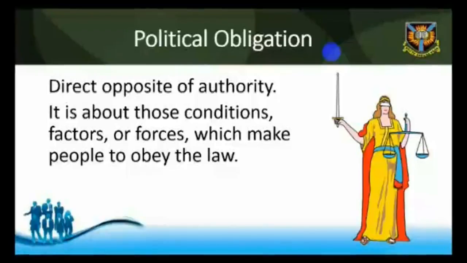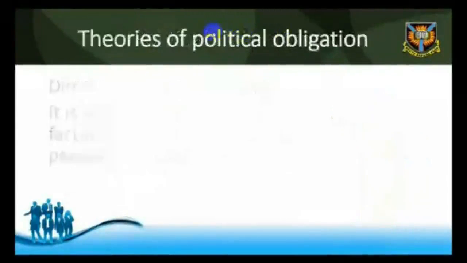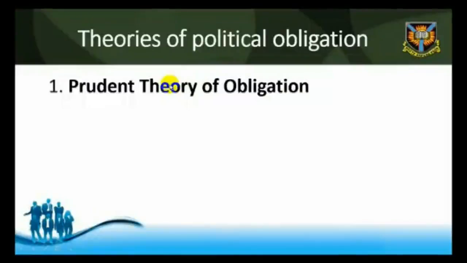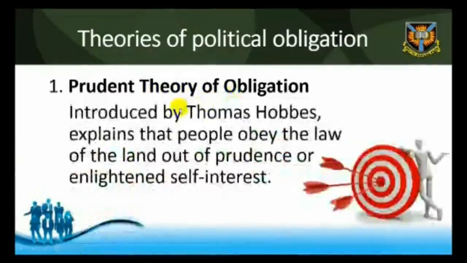To appreciate this concept, we have to turn to some theories of political obligation, which will make the concept to be better understood. Some of the theories of political obligation that we are going to discuss include the following. 1. Prudent theory of obligation. This theory, which is otherwise known as the theory of enlightened self-interest, was introduced by Thomas Hobbes.